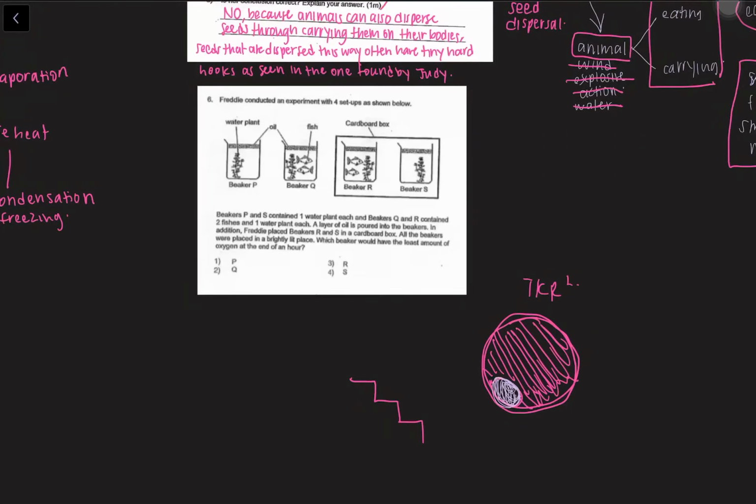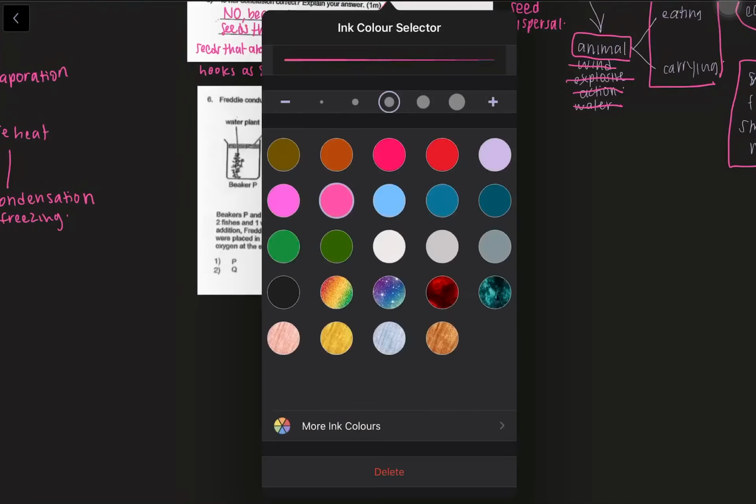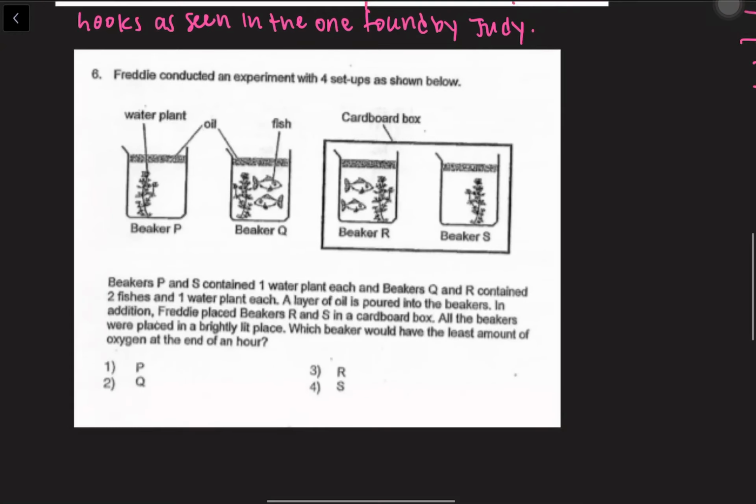Alright, so for the previous 2 examples, I have shown to you how you can apply this framework to section B. Now I will go on to show to you how we can apply this to section A. So let's try it out.